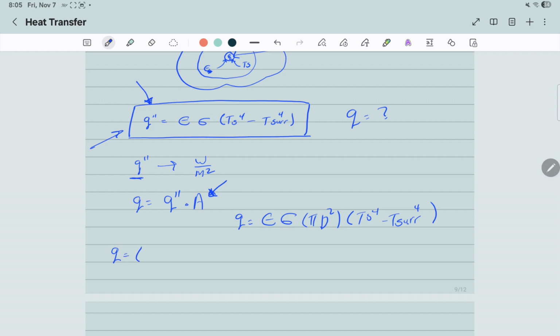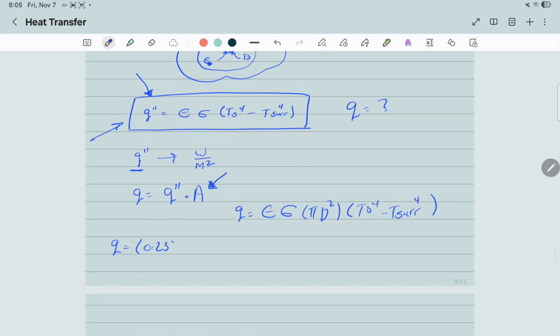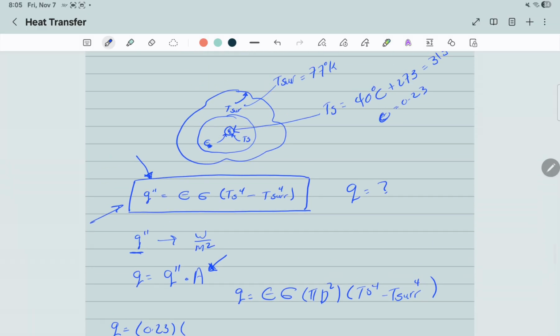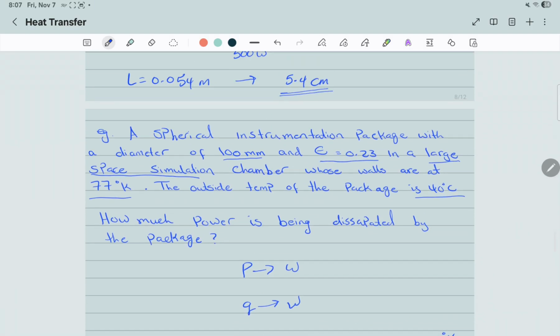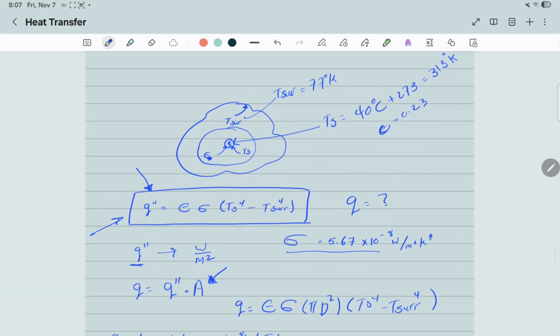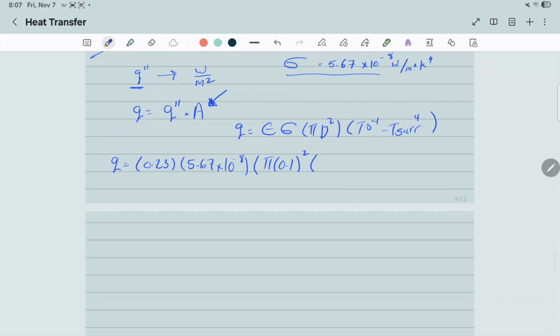Q equals 0.23. Yep. Times the Stefan-Boltzmann's constant, 5.67 times 10 to the power of negative 8 times pi times the diameter. Let me double check the diameter. Yep, 100 millimeters, which is 0.1 meter squared, times T_S being 77.